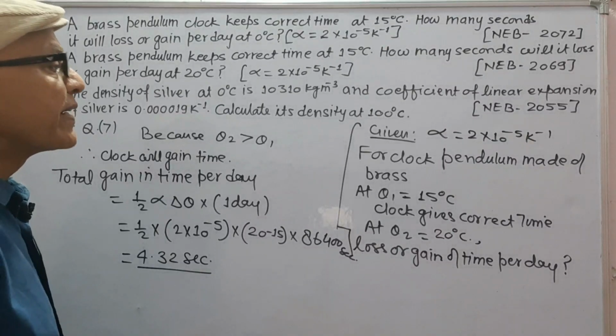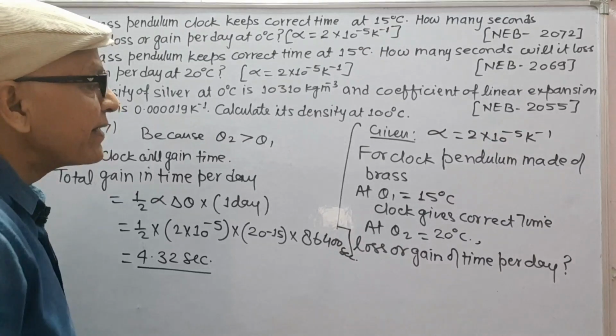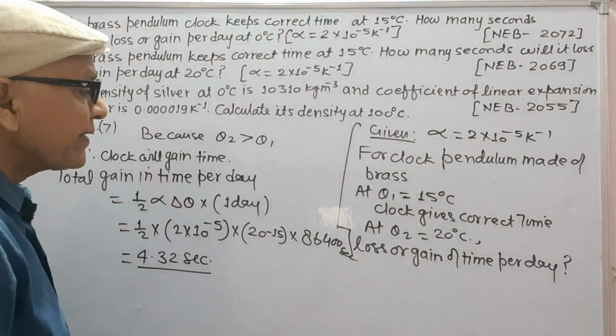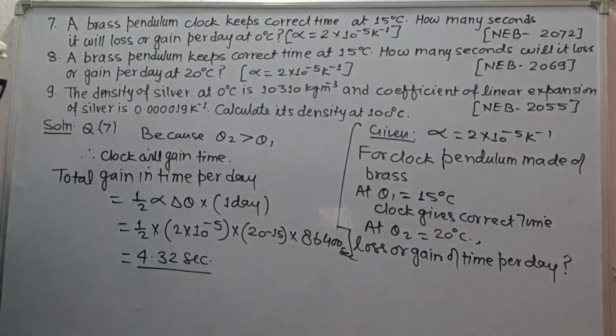Theta 1 is equal to 15 degrees Celsius, clock gives correct time. Then at theta 2 is equal to 20 degrees Celsius, loss or gain of time per day is to be found.